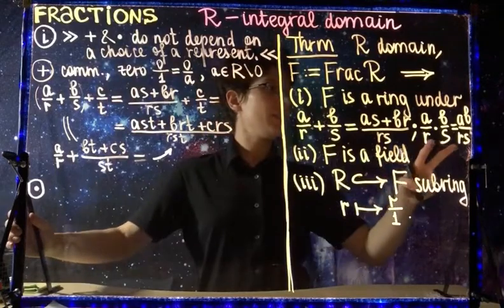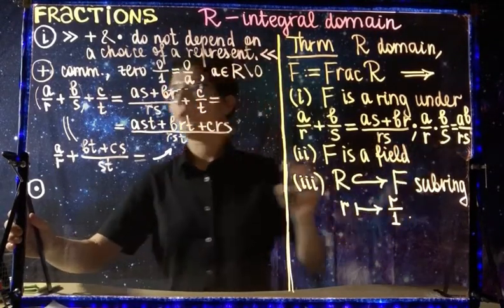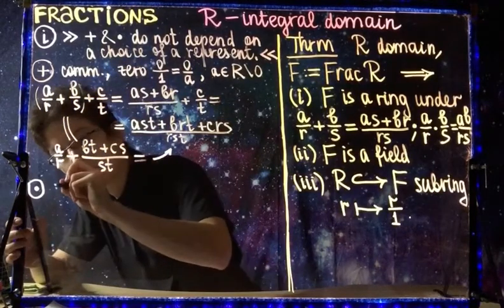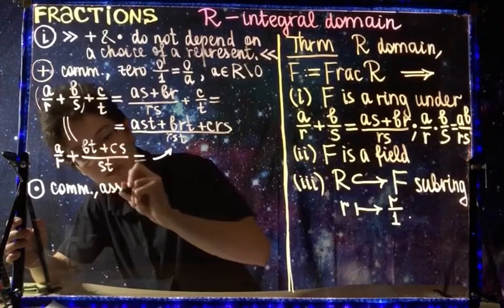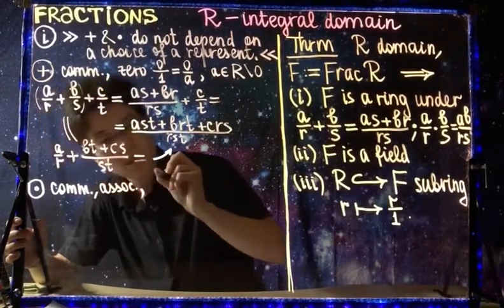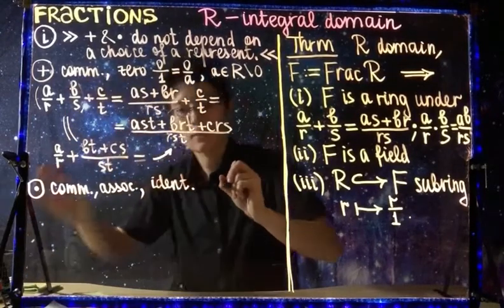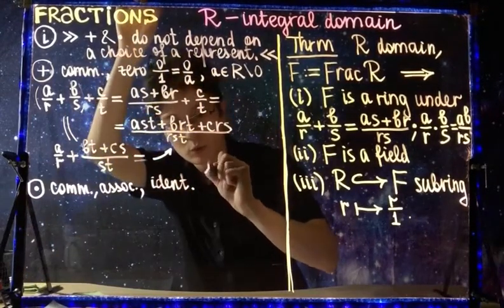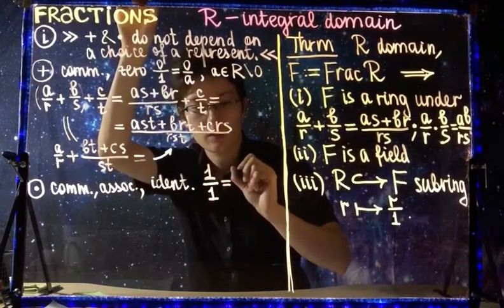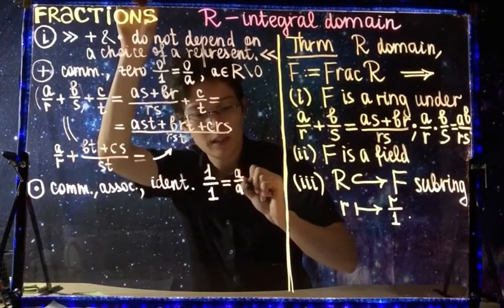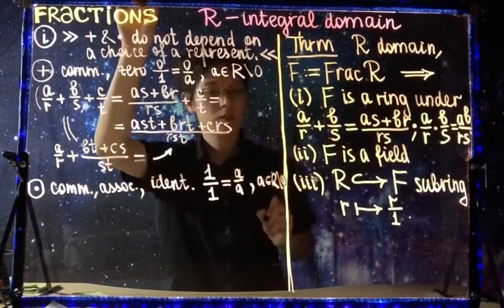It is even easier to show that multiplication, as defined here, is commutative, associative, and possesses the multiplicative identity, which we write in the form 1 over 1, or also a over a for any non-zero a.